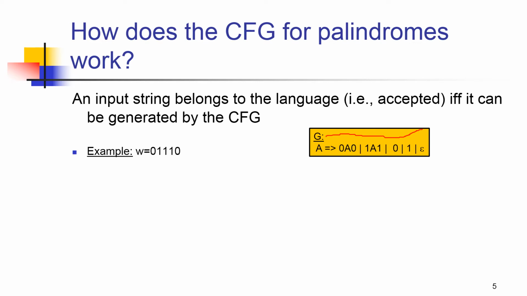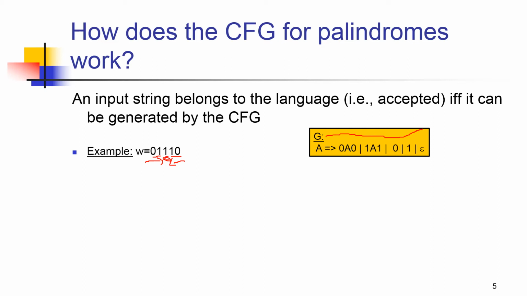Now let's take one example, which is 0 1 1 0, and in the middle I have 1. So if I read from this way or this way, it is equal, hence it is palindrome.